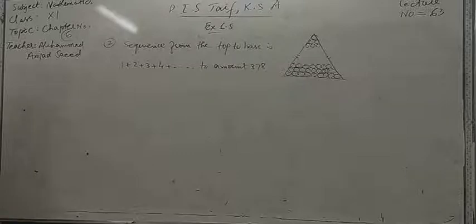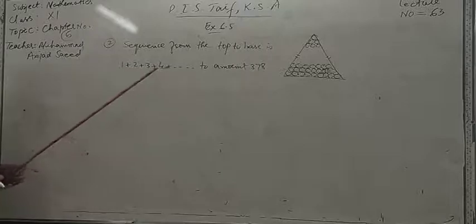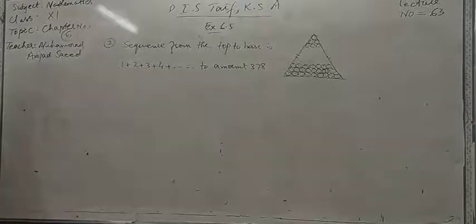Here actually in the rows, the number of successive rows, we have to find the number of trees in each row. Or rather, how many trees are there in the row which forms the base?